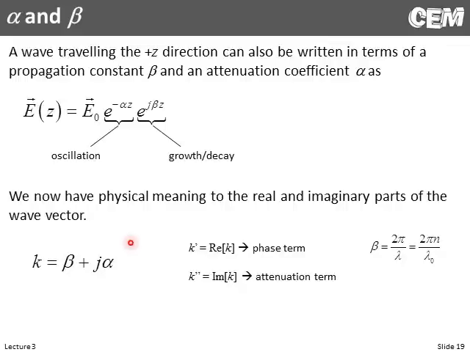In fact, we could write k this way, as beta plus j alpha, and it's the same thing. Beta is our propagation constant. It's responsible for waves. Its magnitude is 2 pi over the wavelength. And alpha is pure attenuation. Okay, everybody good? You guys are machines.